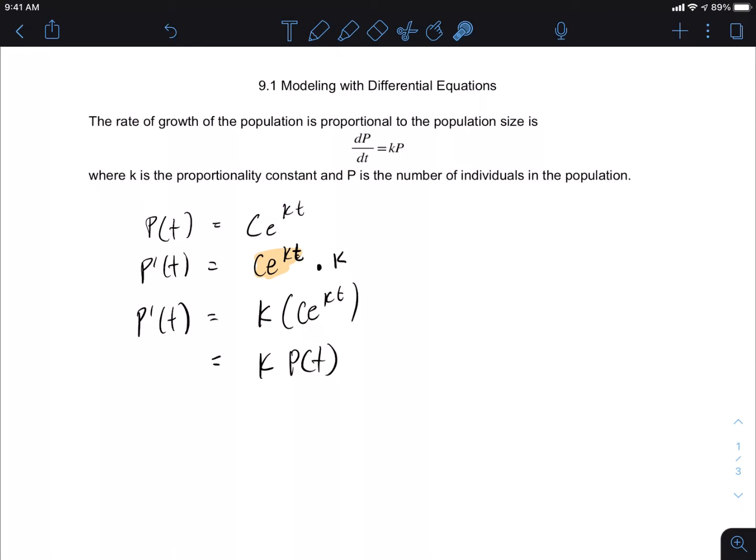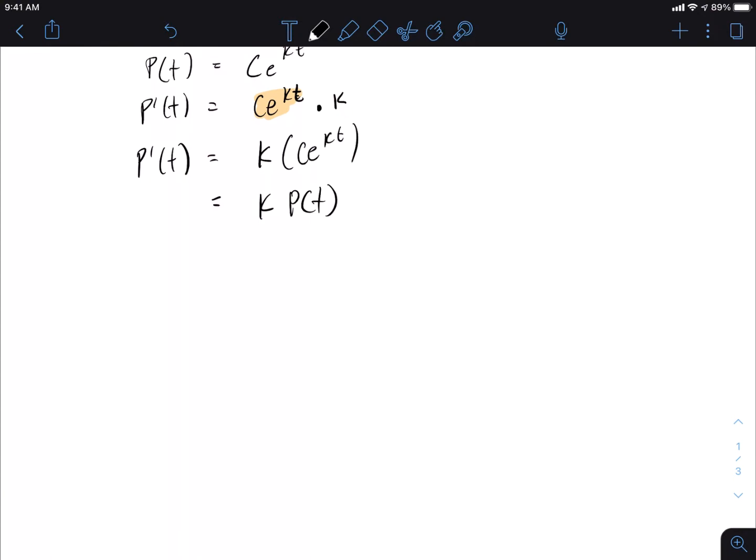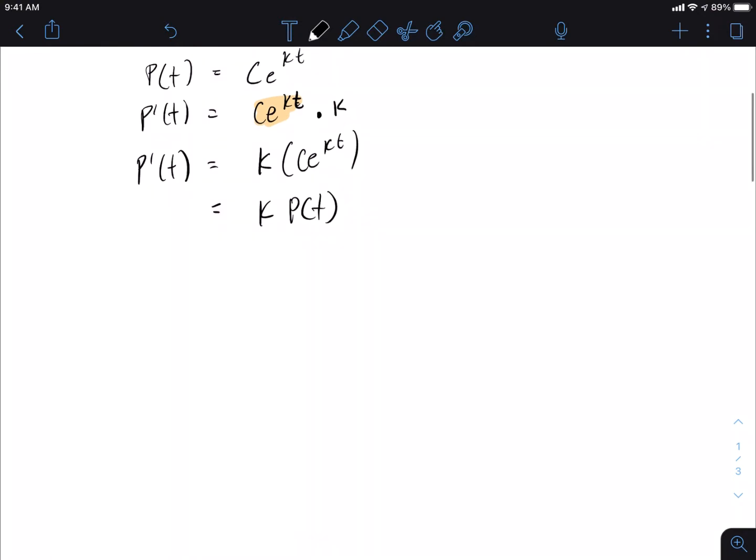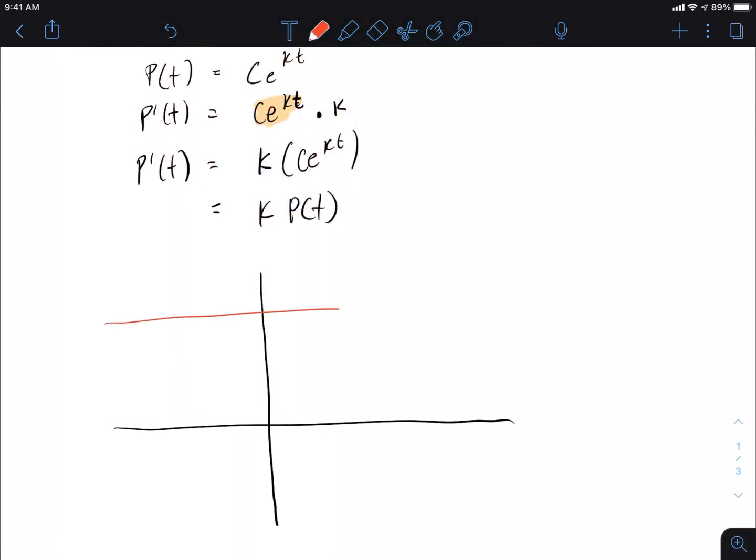So we'll be doing some problems that are fun with finding k, but there's one important thing that I want to talk about with populations: populations have what we call equilibrium. So let's say that this is the equilibrium line of our population.